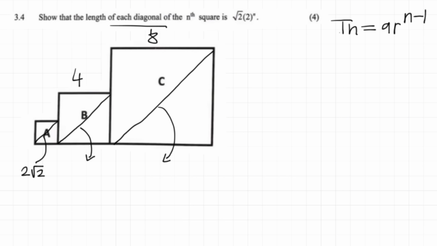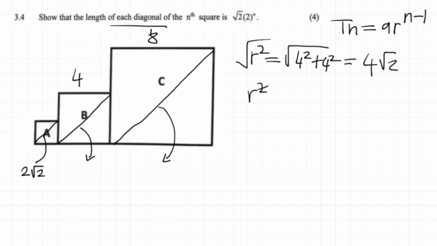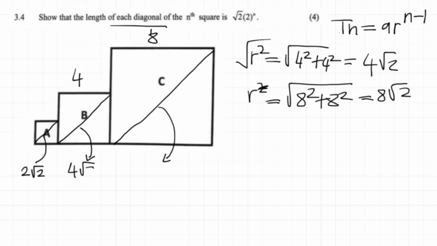To find the diagonals, we make use of Pythagoras' theorem. So r squared is equal to 4 squared plus 4 squared, which gives you 4 root 2. The next one, when you square both sides, gives 8 squared plus 8 squared, which gives you 8 root 2. So this one is 4 root 2, and this one is 8 root 2, just like that.